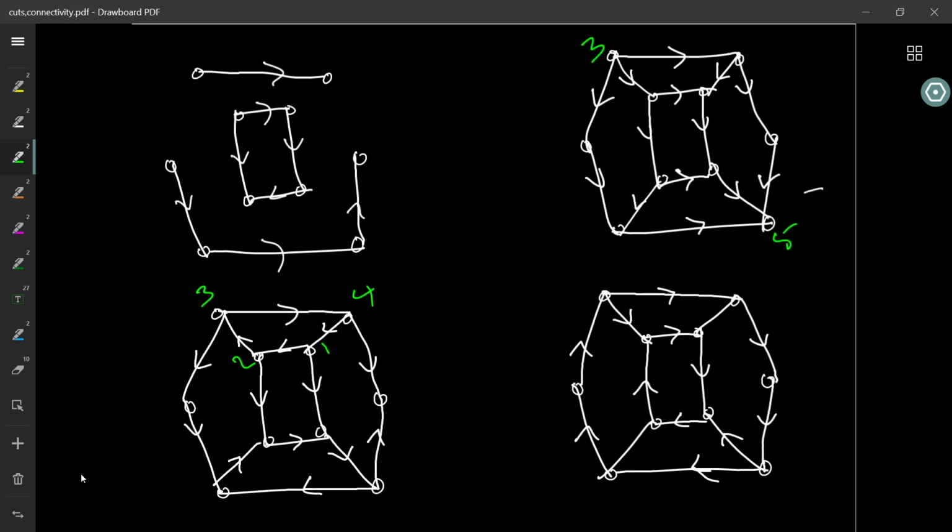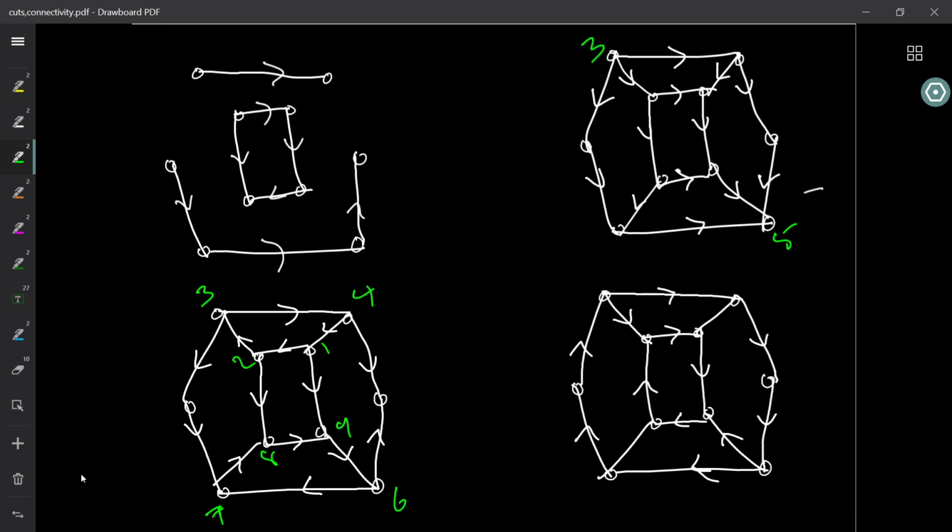Similarly, 6, 7, 8, 9, I can go between them.